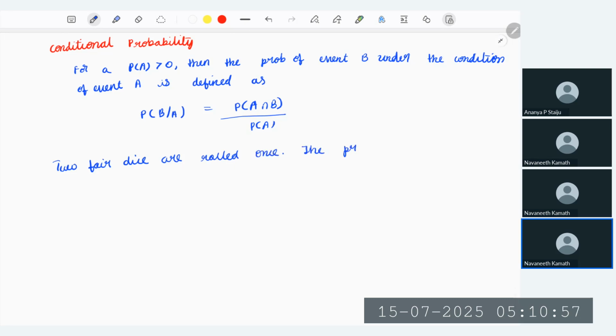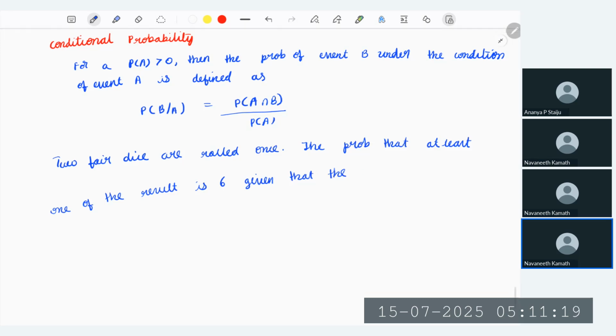The probability that at least one of the results is 6, given that the results obtained are different.